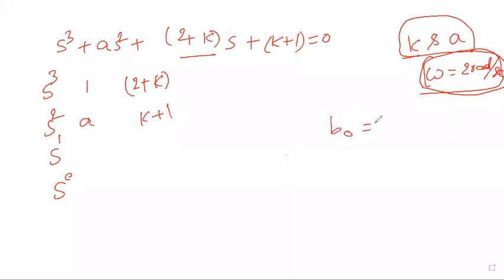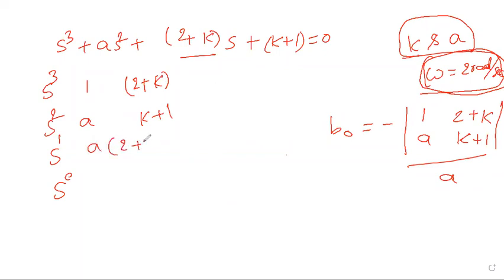What is b naught? It is (a into (2 plus k) minus (k plus 1)) by a. What is the value? 1 into... a into (2 plus k) minus (k plus 1), divided by a. This entire thing is one element. So what is c naught?